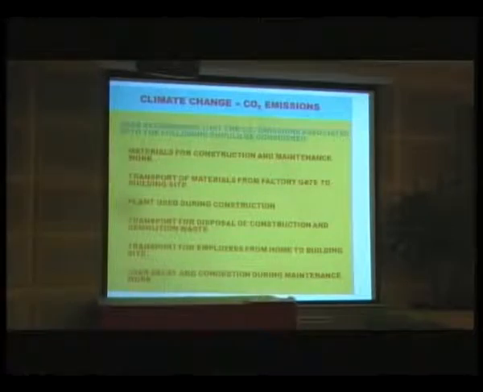The third one, which appears right at the bottom, is congestion.